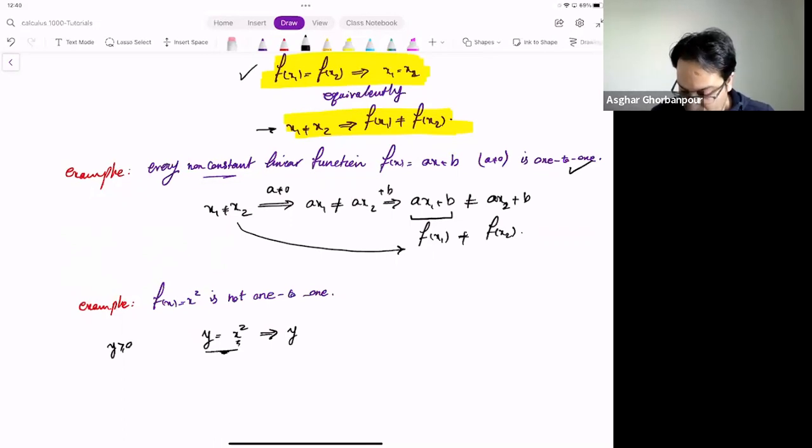For that, I will take the square root of both sides. I'm interested in finding what are the inputs that gave me that y. Well, this is nice. Root of x squared. What is root of x squared? Can anyone tell me what that is?